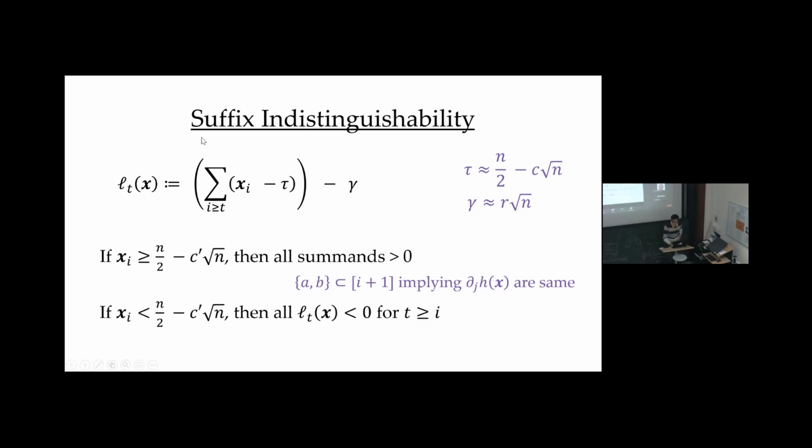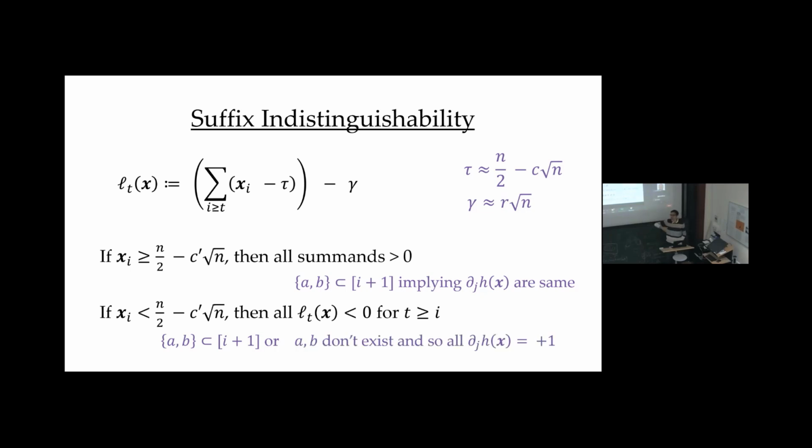And if they're all small, if xi's are smaller than this value, then actually this LTX, and this is where the gamma comes in. The gamma is like roughly R root n. If xi's are small, then this thing is strictly less than 0, which means that the maxima cannot lie beyond I + 1. So they have to either, the A and B, the maxima lie in the first I + 1, or maybe they don't even exist.